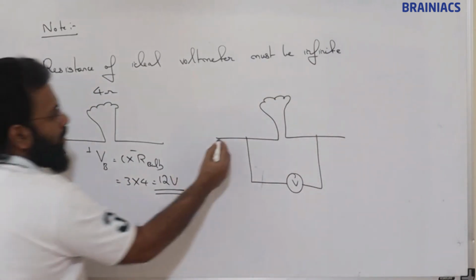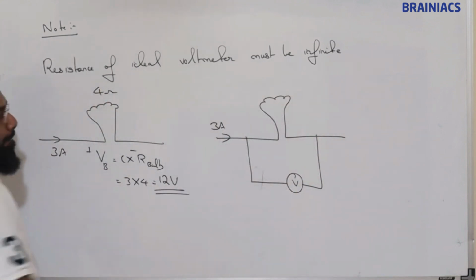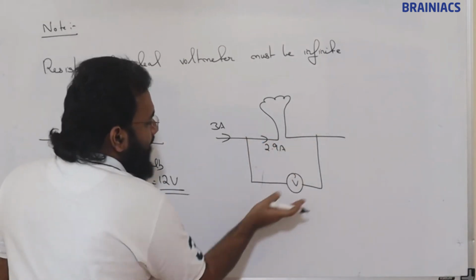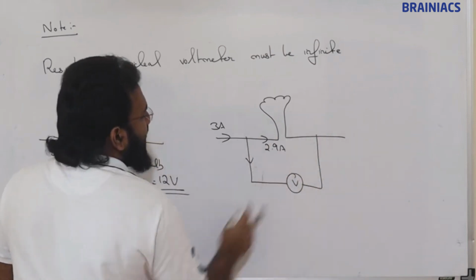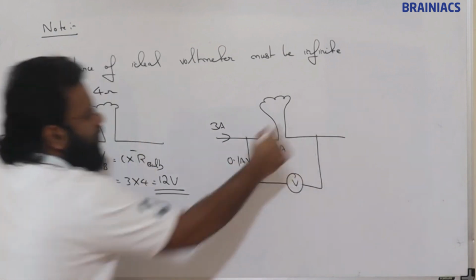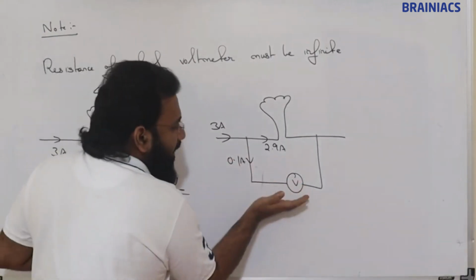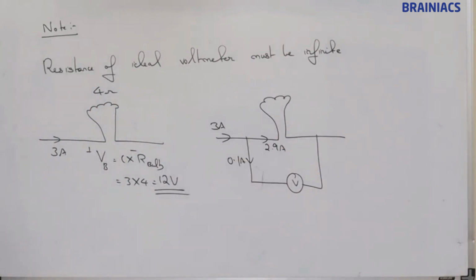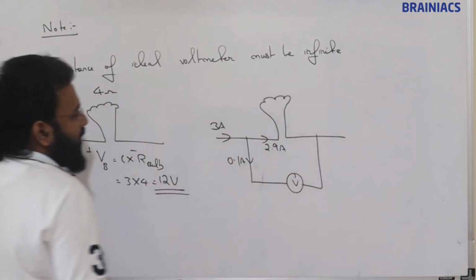Now 3 ampere current is flowing, but 2.9 ampere is flowing through the bulb. Because of this voltmeter, which is just like a resistance connected in parallel, 0.1 ampere is flowing through it. If this voltmeter is not there, then the full 3 ampere will flow through the bulb. But when we connect a voltmeter in parallel, 0.1 ampere is taken by the voltmeter.